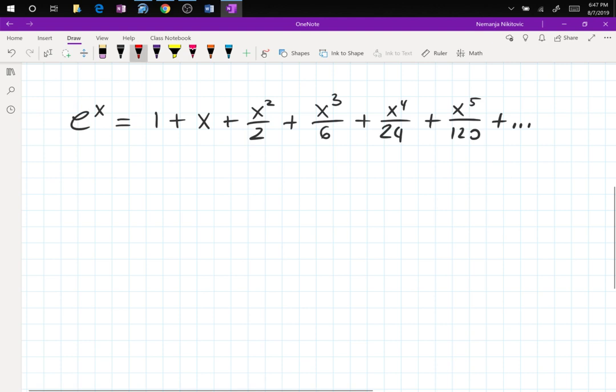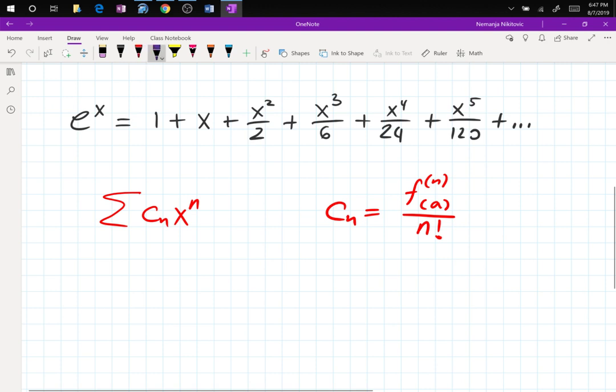Well, the power series is defined as Cn x to the n. And this Cn is going to be the nth derivative computed at value a divided by n factorial.